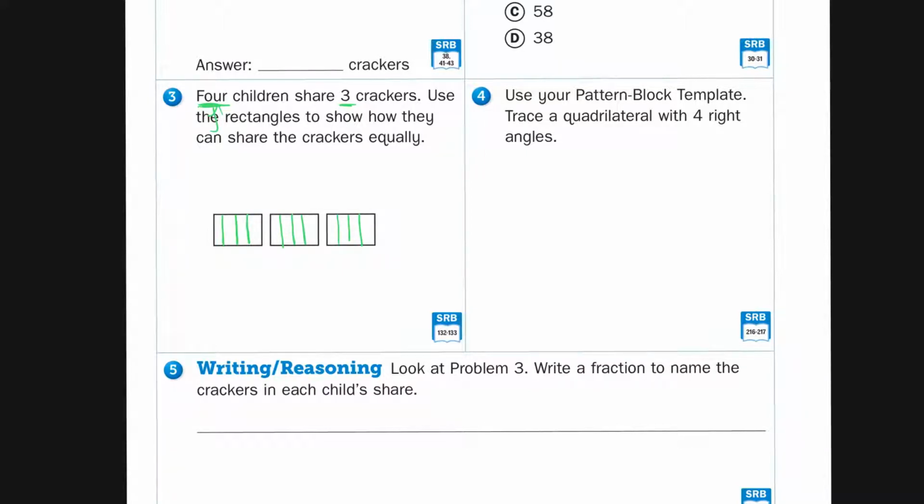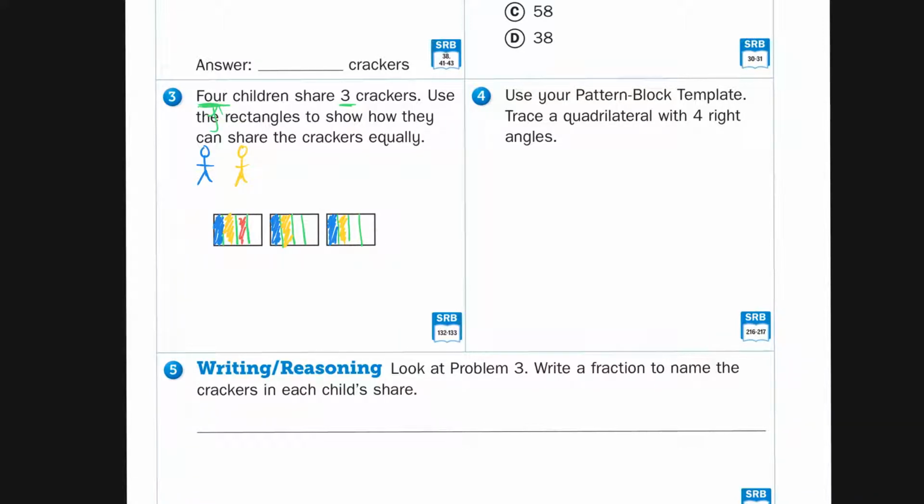Now what I can do is give each one of those children one piece from each cracker. So I can see this piece and this piece goes to one person, and I can represent that using a different color. This piece and this piece goes to our yellow friend.